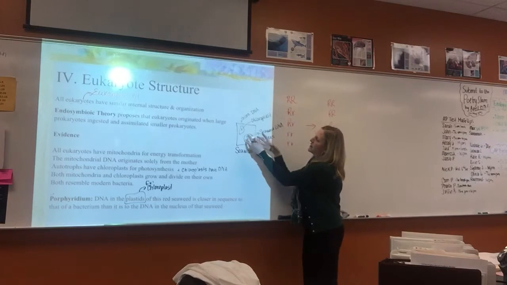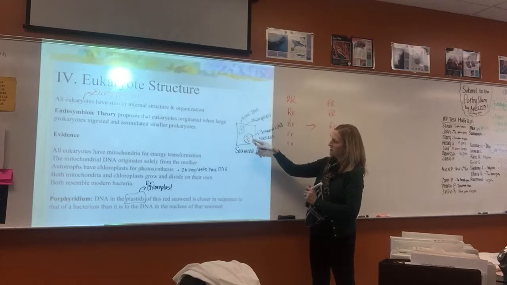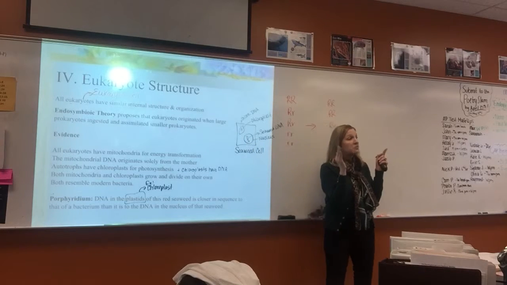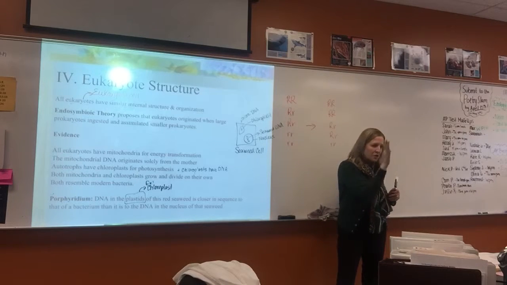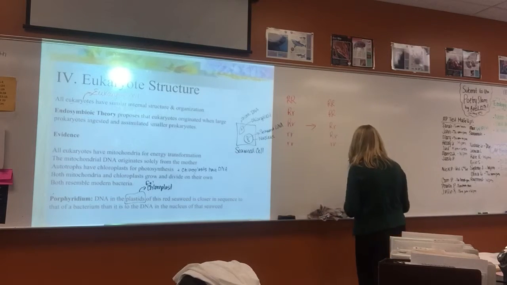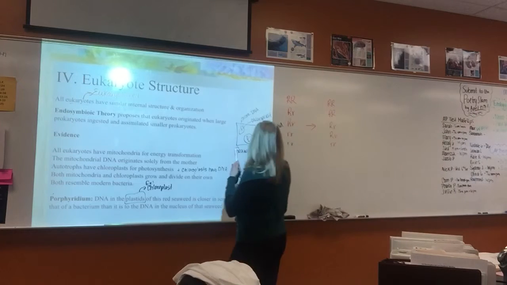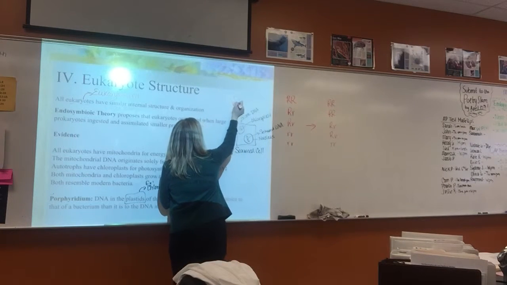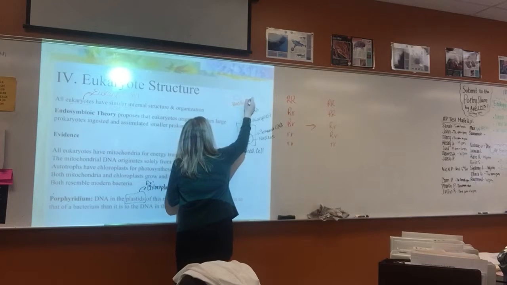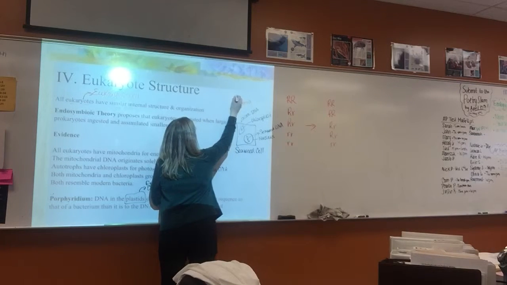What they did is they took the seaweed DNA and compared it to the DNA in the chloroplast. And then they took it one step further and they took bacteria. The bacteria has nothing to do with the seaweed. So this is a prokaryotic cell. So here's your bacteria, and bacteria, remember, have plasmids and then they have their big circular chromosome.